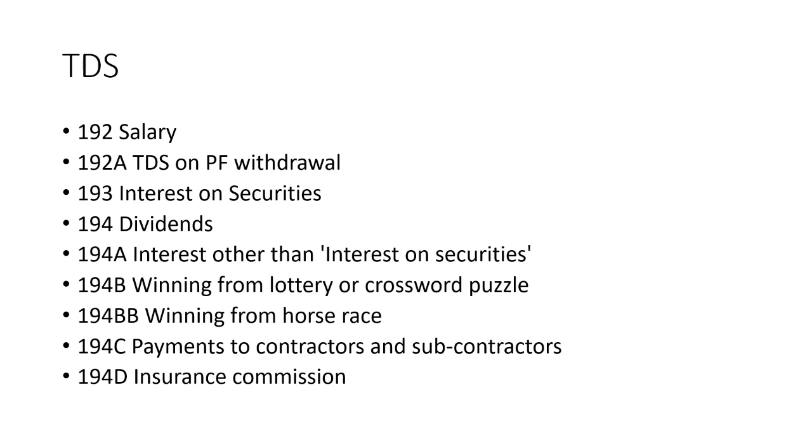Section 193, interest on securities. Interest on securities, 193, 193A, so many sections are there. I am not going into the details. There are different types of interest that the person is going to receive.